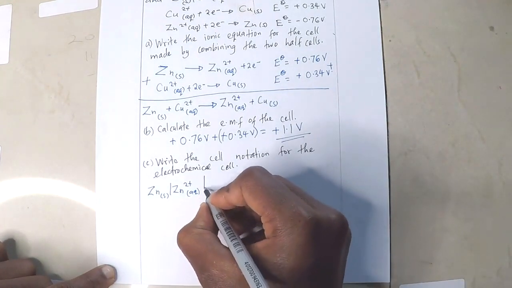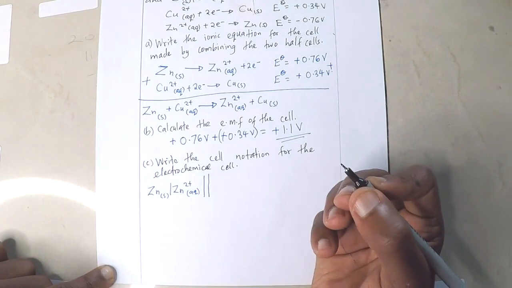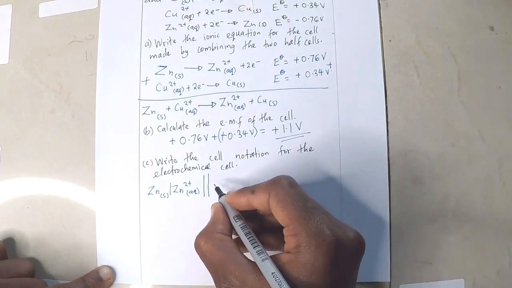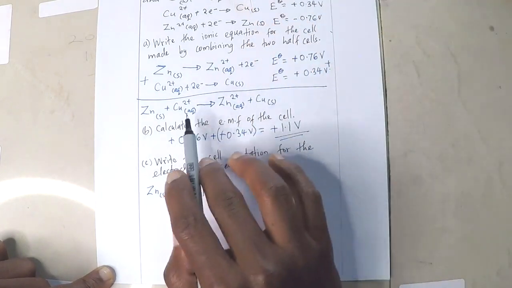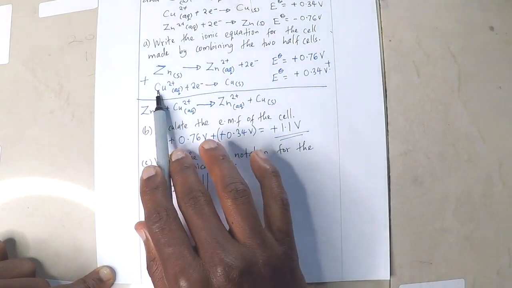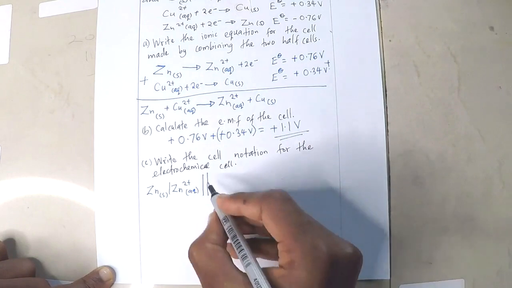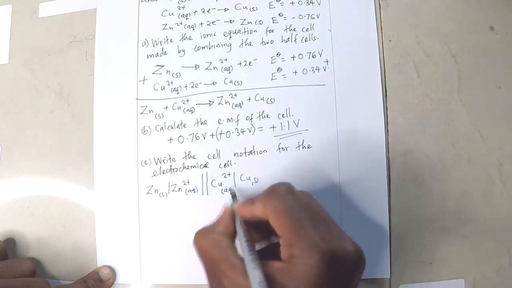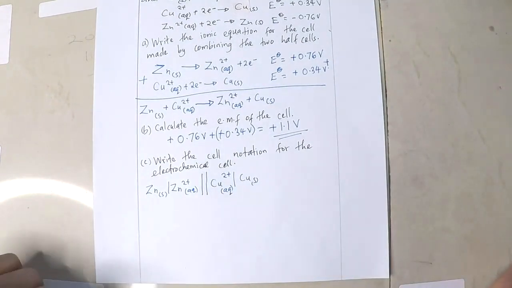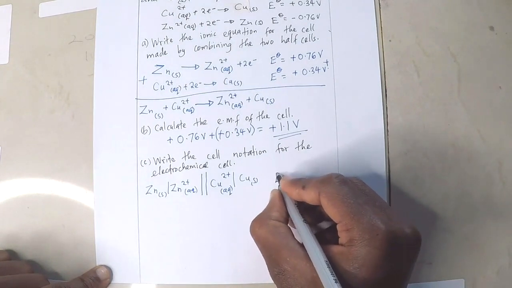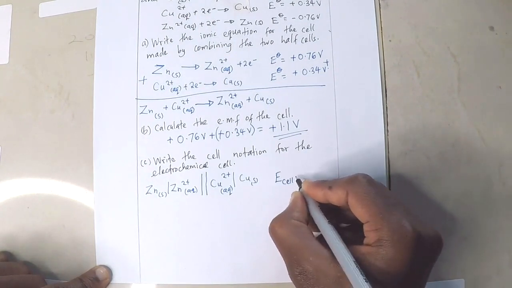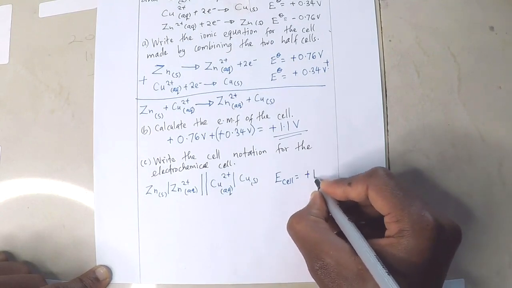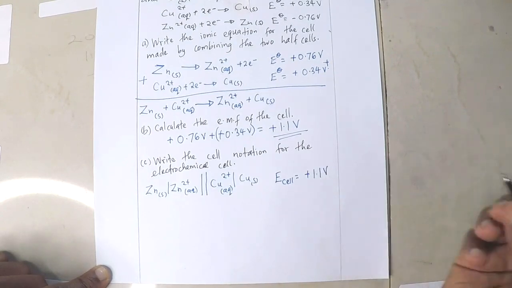Then we write the salt bridge, which is represented by a double line. And then finally we write the copper half cell, but this time we reverse it because copper undergoes reduction, so we begin from copper ions to copper metal. The E cell value, or the electromotive force, is therefore going to be given as positive 1.1 volts.